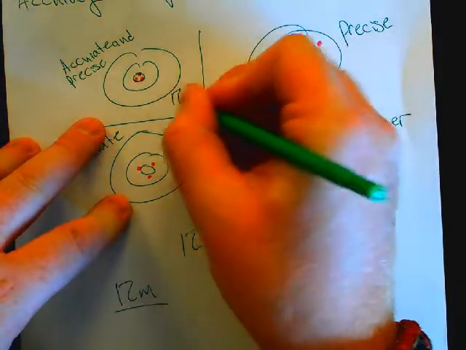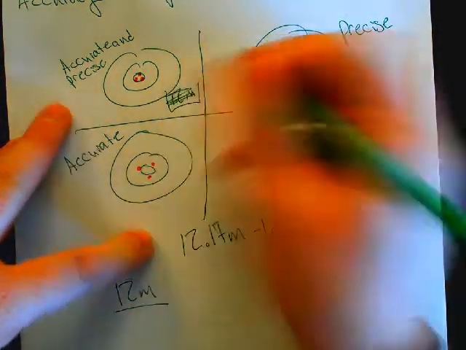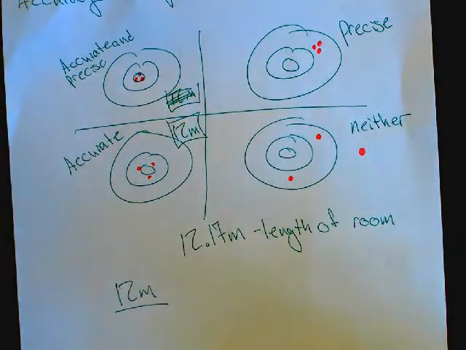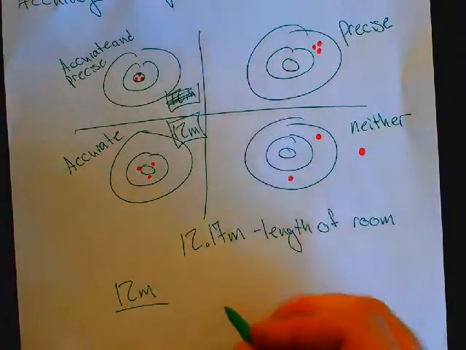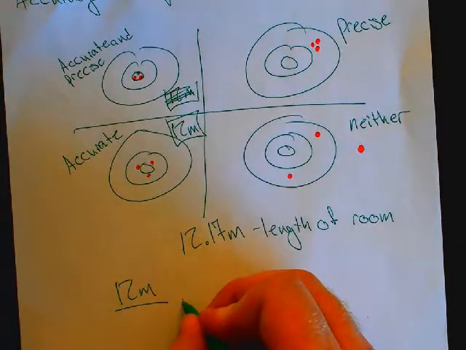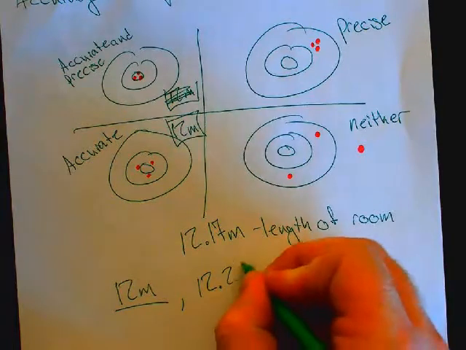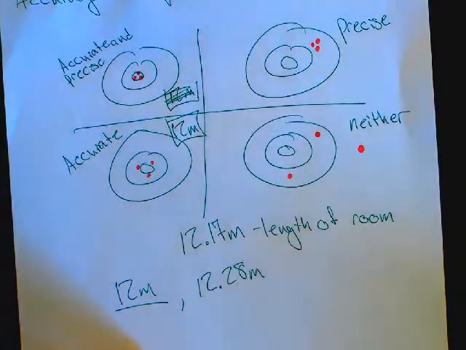Why do you think accurate? Okay, it was close to our target. Good. Now our next measurement, let's say one of the groups measured it at 12.28 meters. Where do we think that one should go?